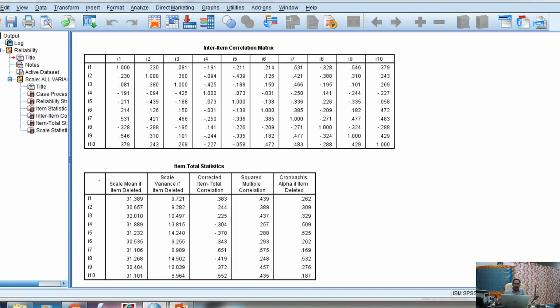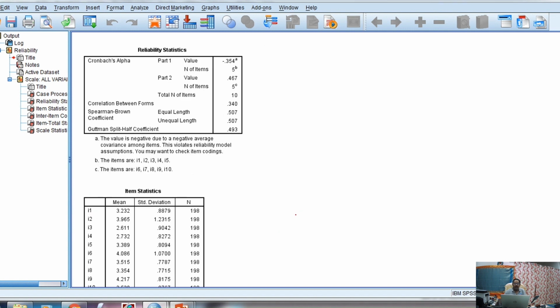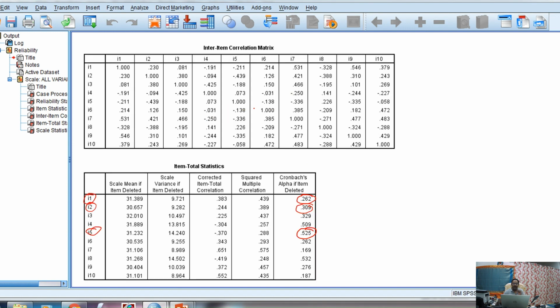Here you can see item number 1: if this item is deleted, the correlation will be 0.262. If item number 2 is deleted from the scale, the correlation is 0.309. Likewise, if item 5 is deleted, the correlation is 0.525, which is more than the Spearman-Brown coefficient. Therefore, item 5 can be deleted.